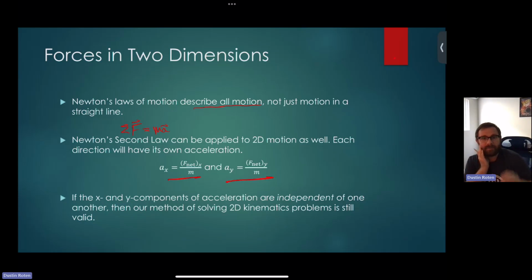So if the x and y components of the acceleration are independent, then this is valid. That is very important. And I'll show an example shortly where they're not independent. But as long as one acceleration value doesn't influence the other, Newton's laws hold.